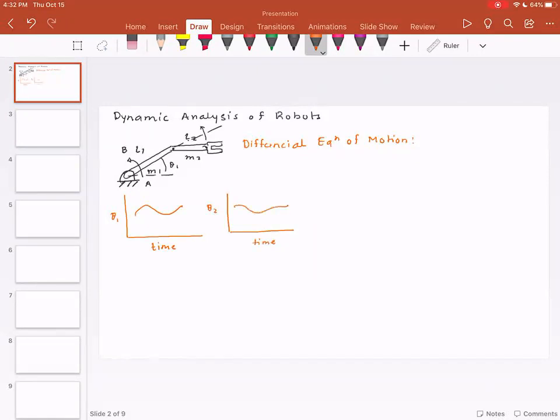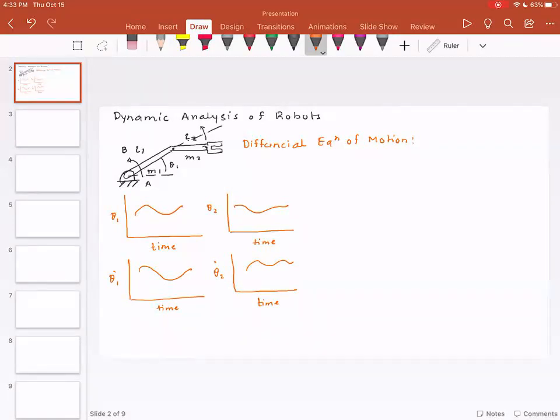That looks like this. I'm interested in finding out the velocities, which is theta 1 dot with respect to time. So you can have velocity like this. And I'm interested in finding the velocity theta 2 dot versus time. Now, please note, these parameters are dependent on forces, moments, and the inertia properties.